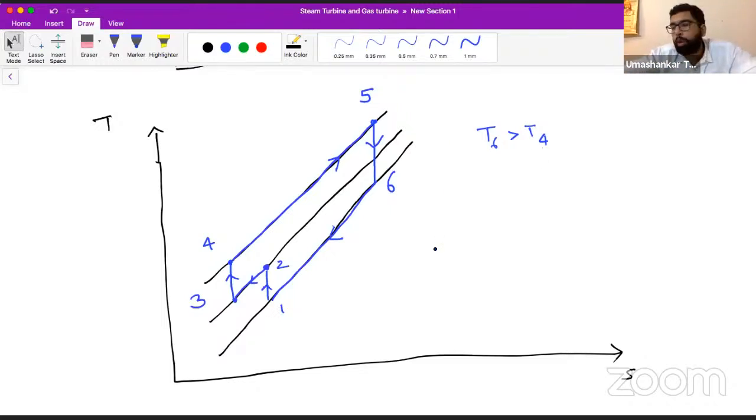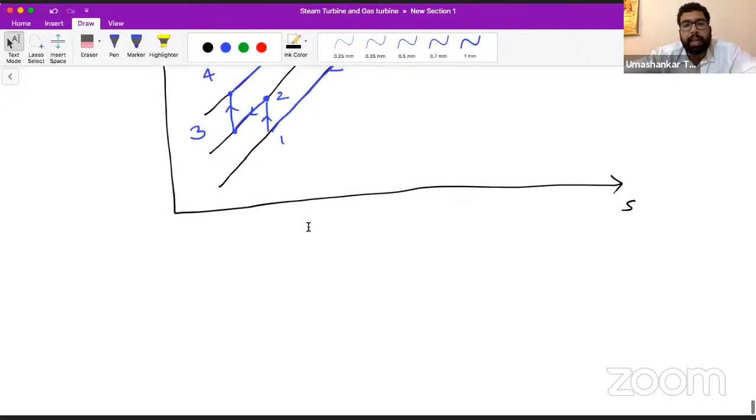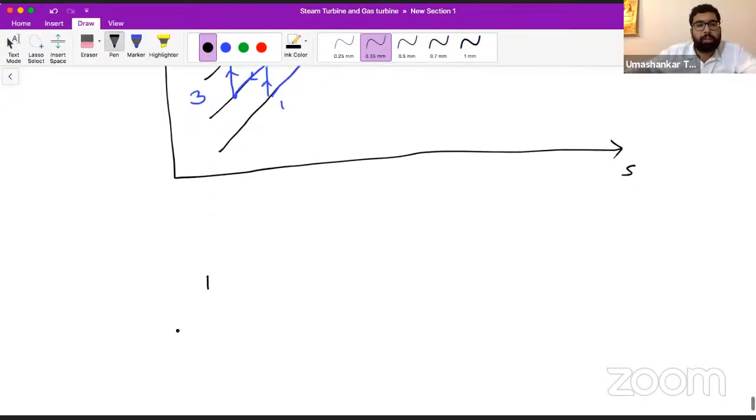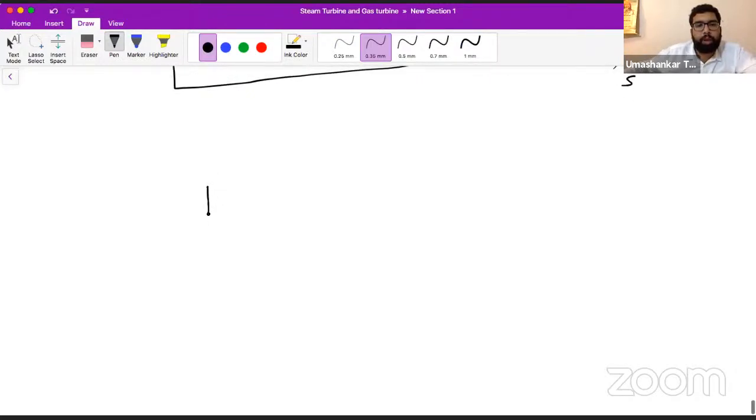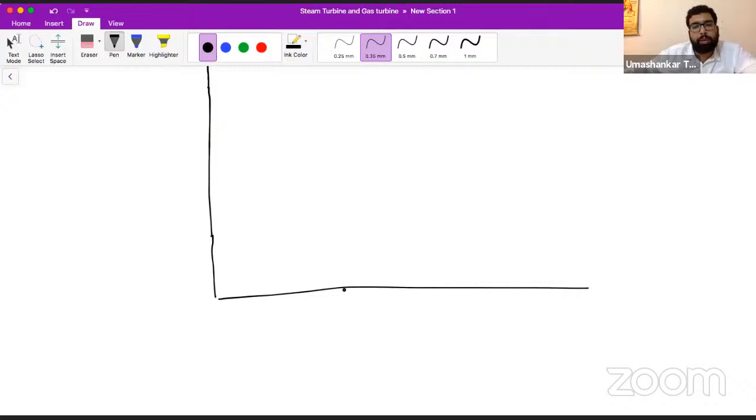Okay, so the live students who have made the correct TS diagram can respond. Those who have made a mistake can mention that, yes sir, we have made a mistake. If you have not made a mistake, it is good. So now we are going to draw the PV diagram also.